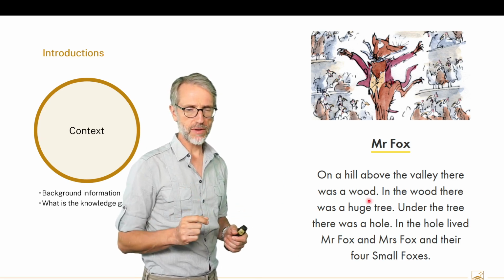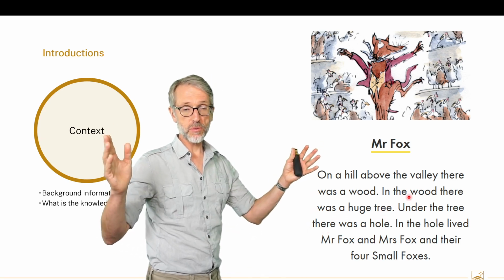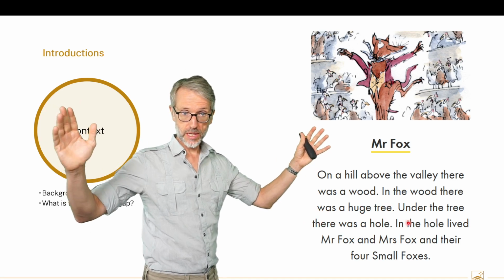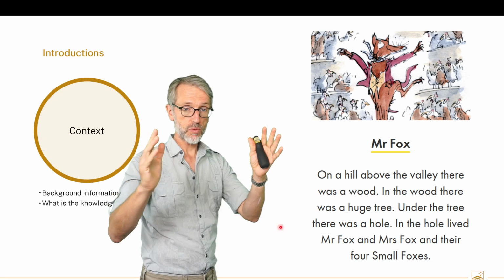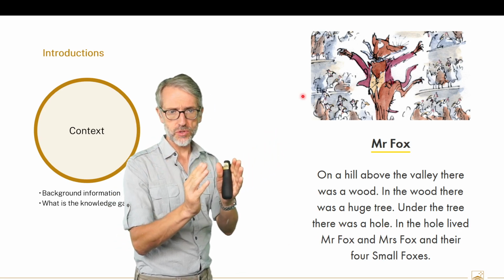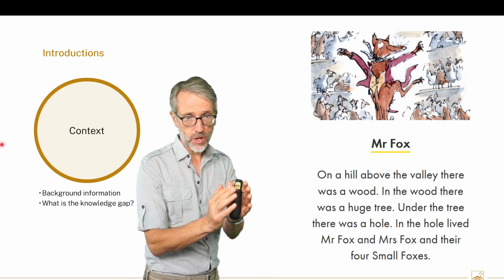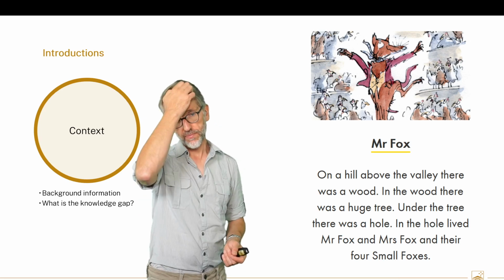Just take a moment and have a look at this text. That on a hill, above a valley, there was a wood. So there was a hill, and it was above a valley, and on that hill there was a wood. And then in the wood, there was a tree, a huge tree. And under the tree, there was a hole, and in the hole were the foxes.